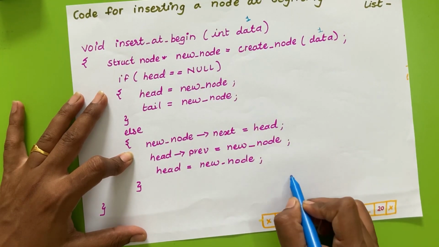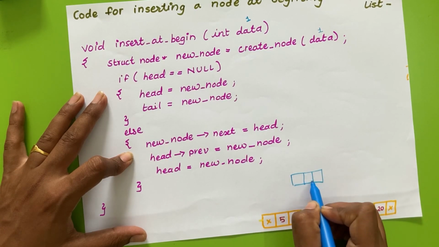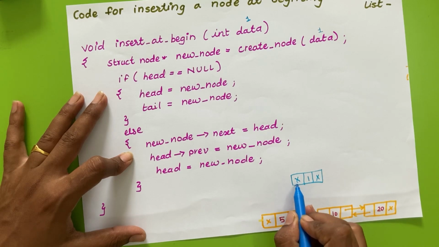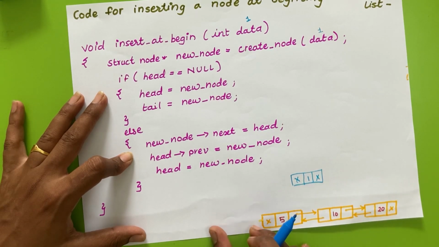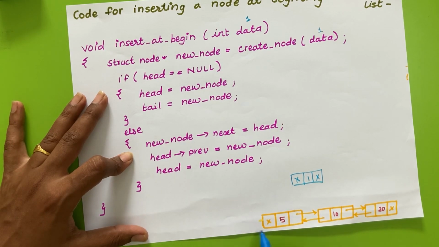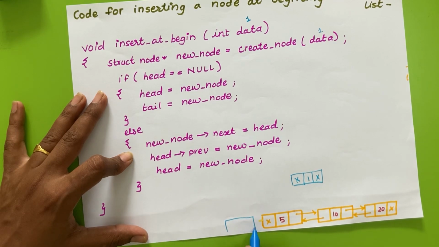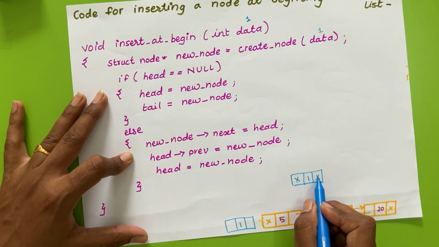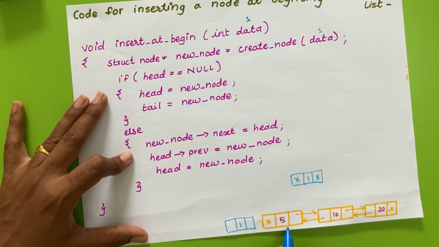The node created is like this, and here I have to attach this node at the beginning of the list. So what changes do we have to make here? We have to attach this here, so this will be 1, and now the next field will store the address of the head node that is already present here.